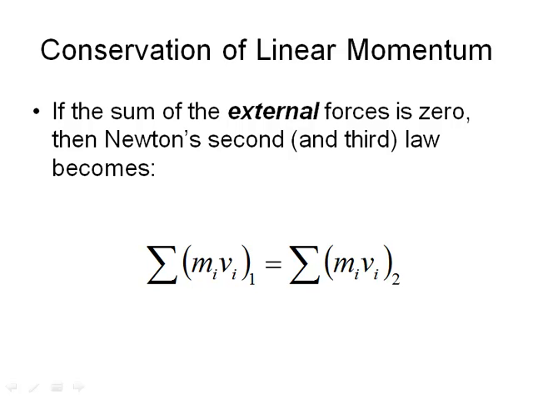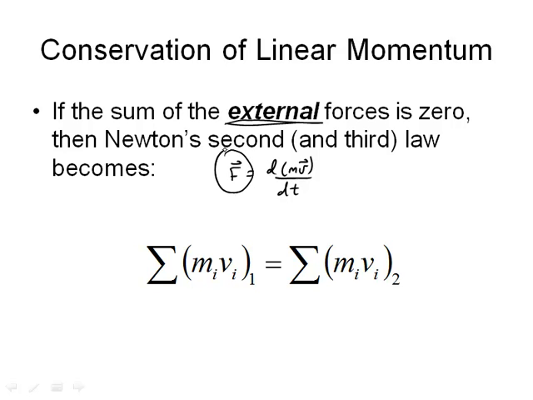Okay, let's discuss the concept of conservation of linear momentum. We'll talk about angular momentum in a later lecture. The idea behind conservation of linear momentum is that the sum of the external forces is zero. And a lot of this goes back to Newton's second law. Remember, Newton's second law says F equals the derivative of mass times velocity with respect to time.